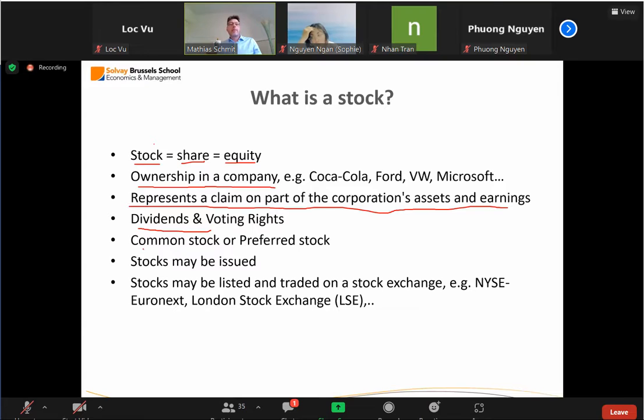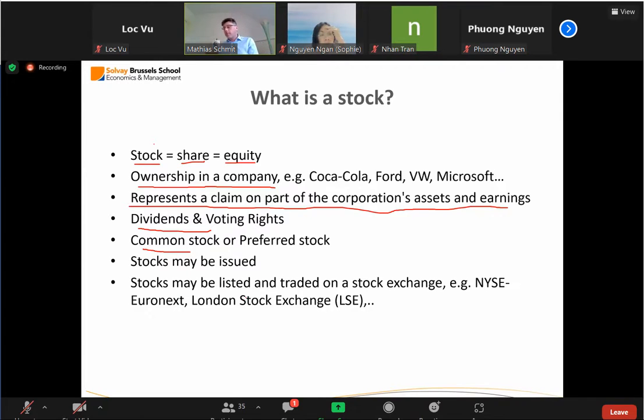You might have different types of shares, stocks. You can have the common stocks or preferred stocks, where you can get a dividend on a more regular basis than the common stock. Stock may be issued or bought back, and they may be listed or not.